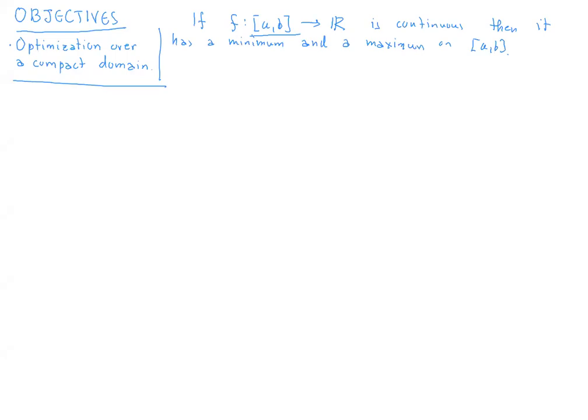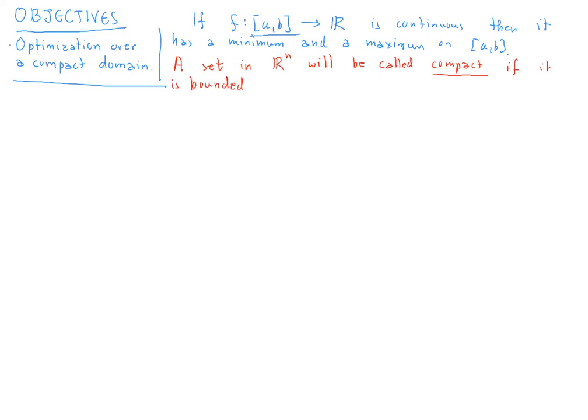Now, for the case of two-dimensional, three-dimensional sets, we'll use the following. We will say that a set in Rn, we can say in general, will be called compact if it is bounded, so it doesn't extend too far.